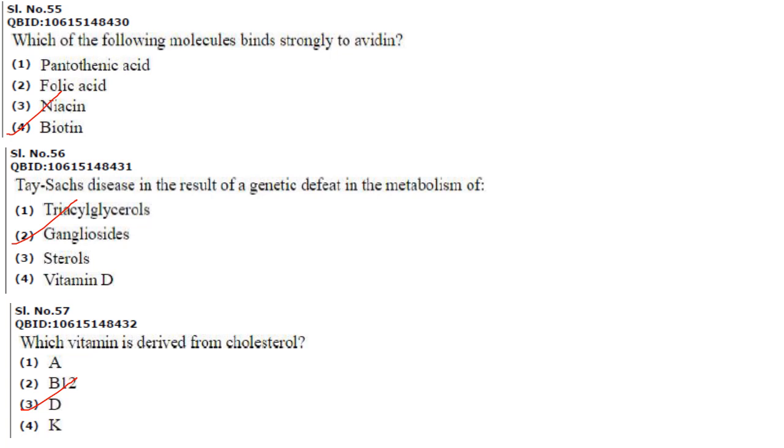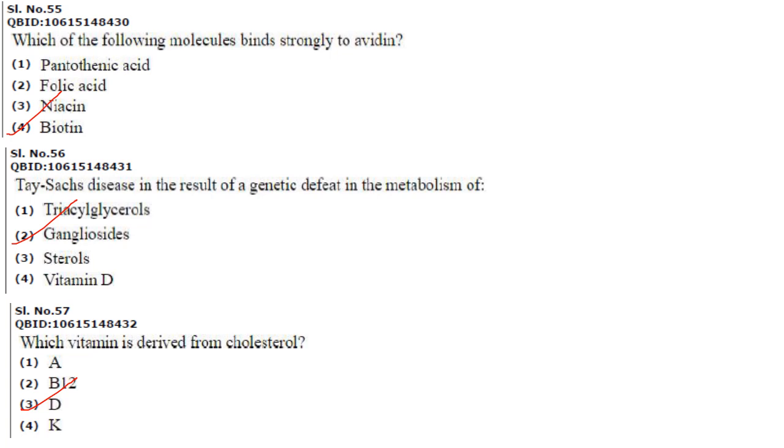Now this hexosaminidase, in normal condition, is responsible for degradation of GM2 ganglioside. So Tay-Sachs disease is the result of genetic defect in the metabolism of ganglioside. So answer is option 2.